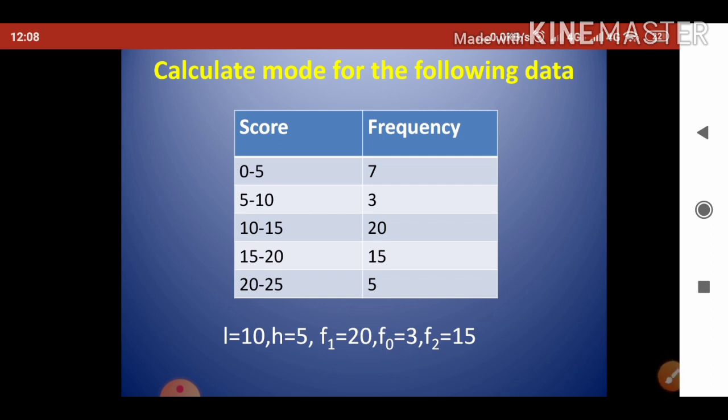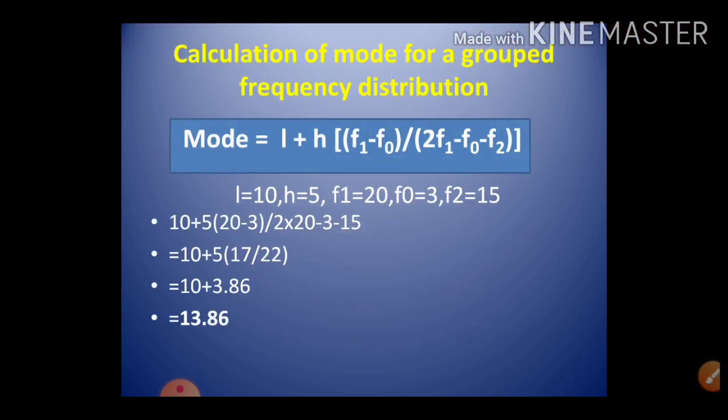And we are going to substitute all these values in the formula. The formula is again L plus H into F1 minus F0 divided by 2F1 minus F0 minus F2. So while substituting, you will get the final answer as 10 plus 3.86. So the answer is 13.86. 13.86 is the mode of this problem.